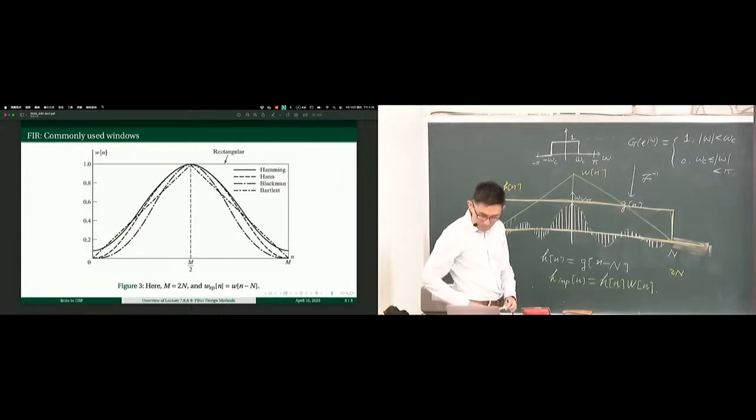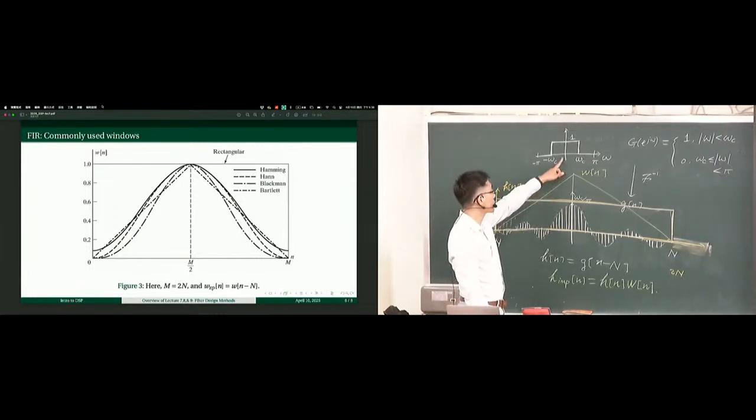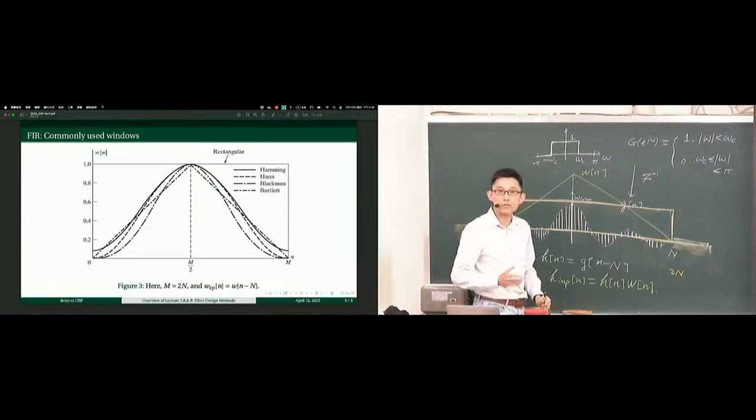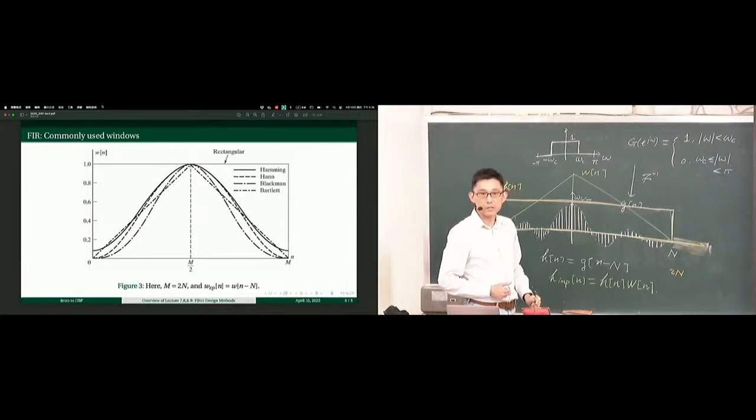In general, we know that your frequency response will be low pass but not ideal. In the next slide, we are going to talk about how to evaluate the performance. Are there some performance indices for us to look at? Right, so far so good?